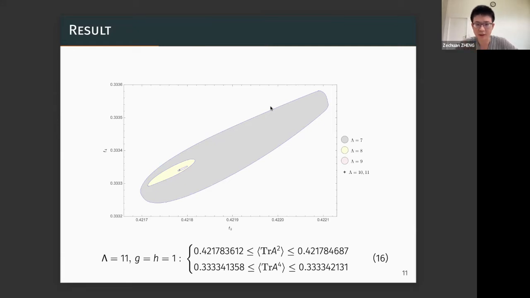Here, the plot is a shrinking of the island of the trace A to the 2 and the trace A to the 4th. Okay, so from some studies, we already get that this precision we got is actually much better than the Monte Carlo precision we could get for the large N matrix model.